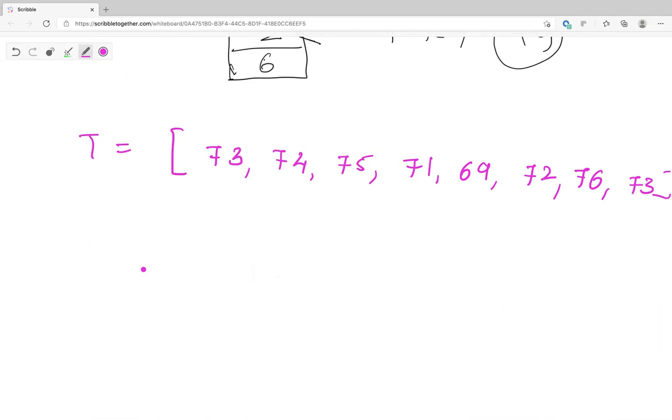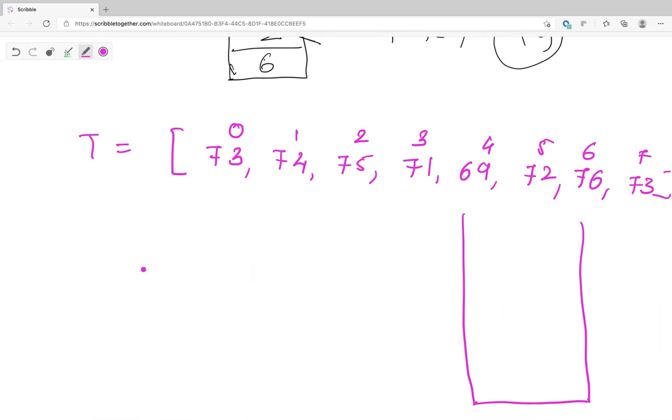Let me write the index here: 0, 1, 2, 3, 4, 5, 6, 7, correct? And let's say you have a stack here, and this is your result array, and let me write the index 0, 1, 2, 3, 4, 5, 6, 7.